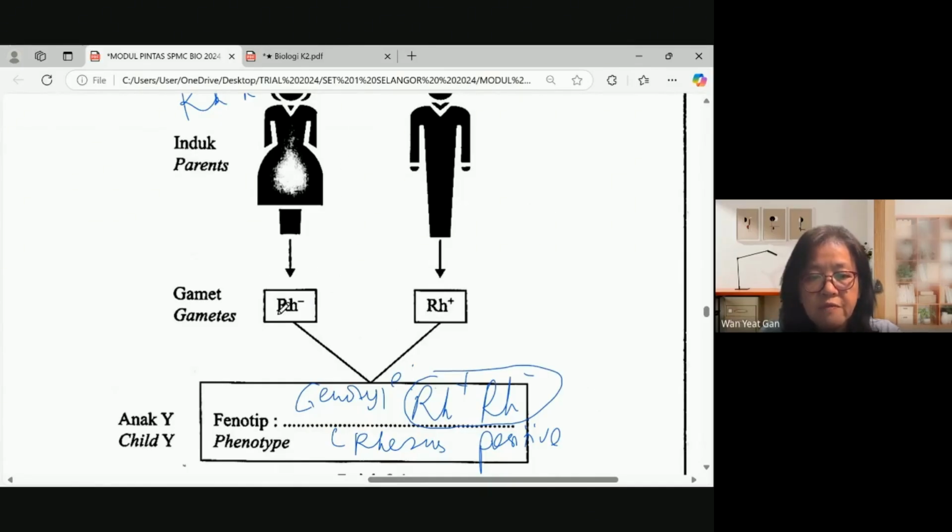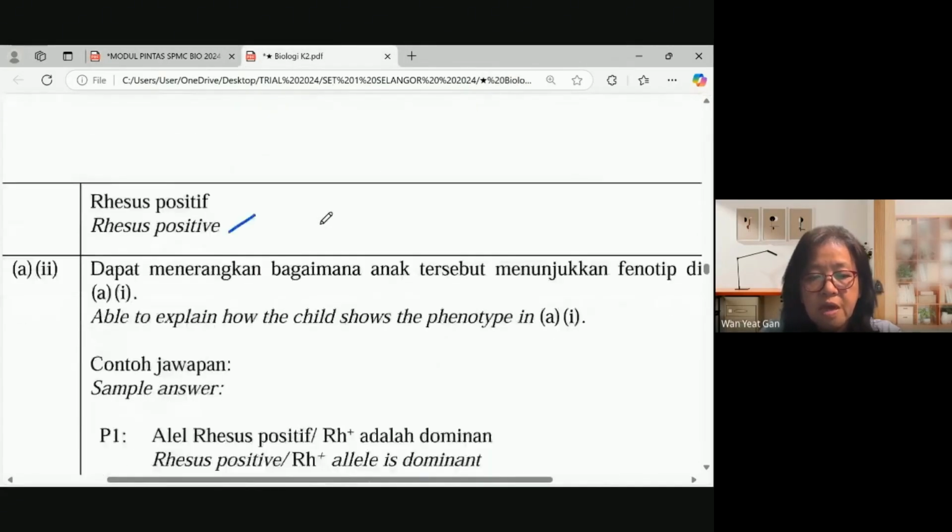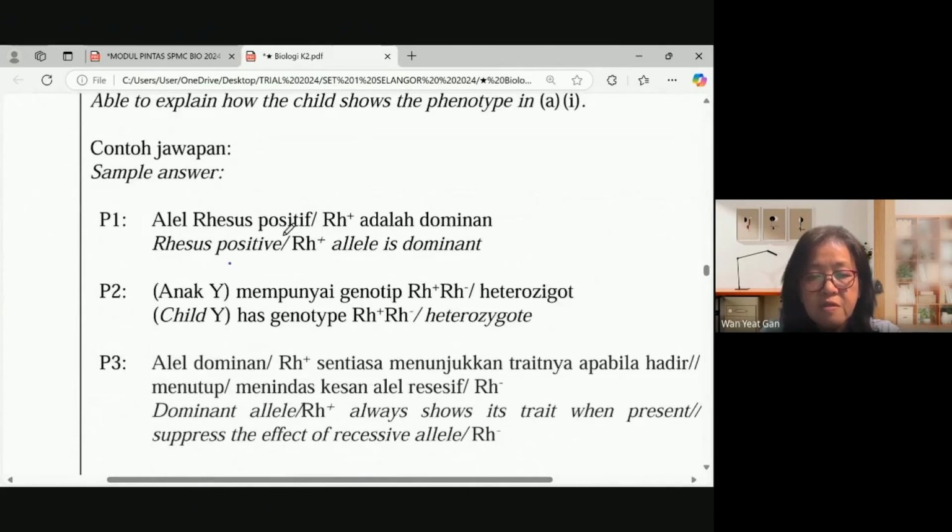So he received the RH negative from the mother and the RH positive gamete from the father. Okay, RH positive is a dominant allele.